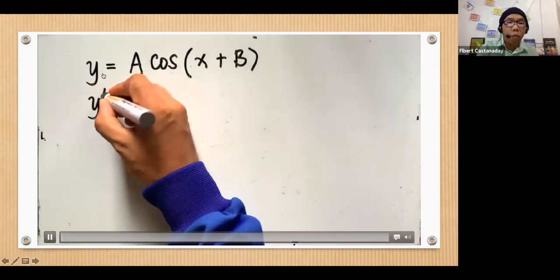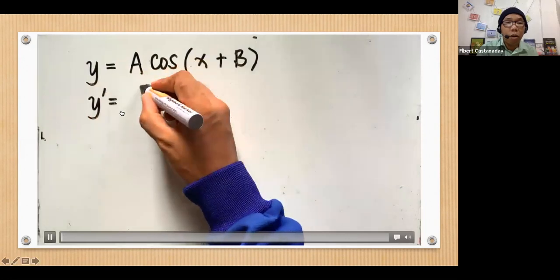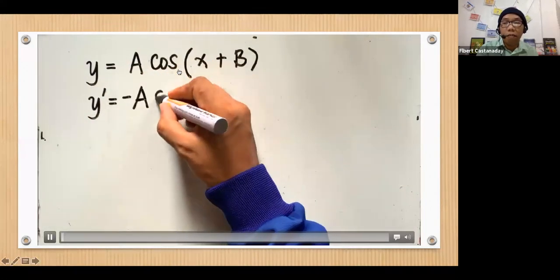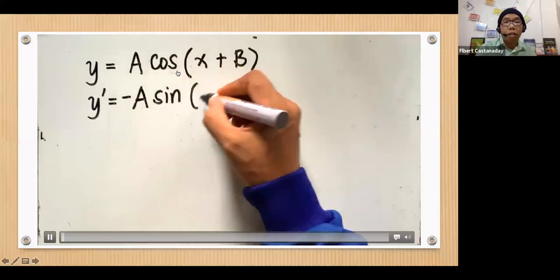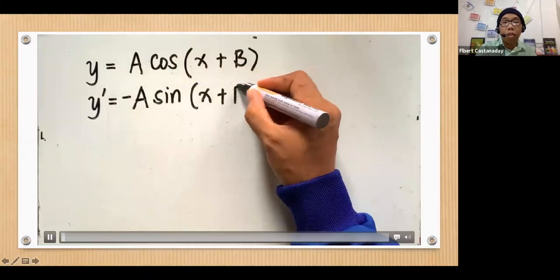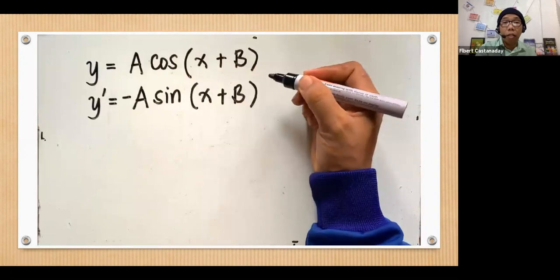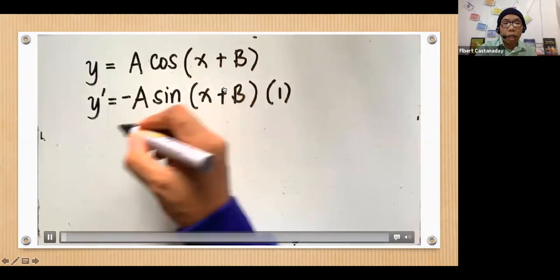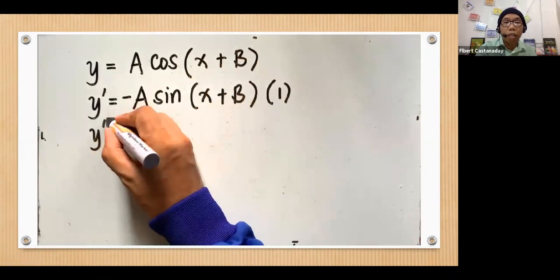So the derivative of y is y prime equals, you copy a, the derivative of cosine is negative sine of x plus b, and then you differentiate the argument, and that is 1. So times 1 lang diyan. This is the result of the first derivative of the given function.